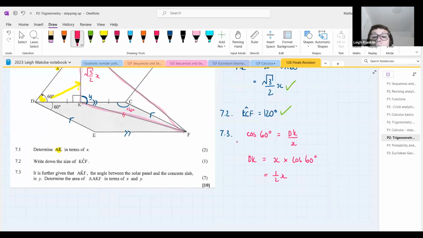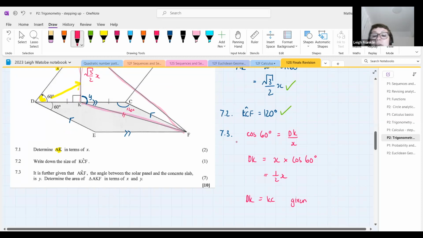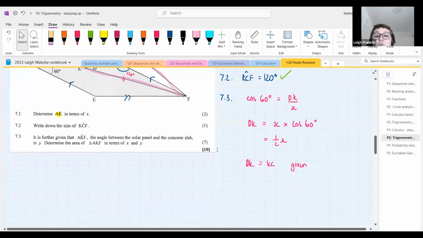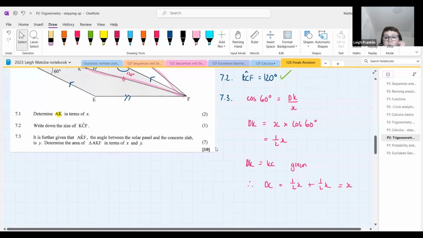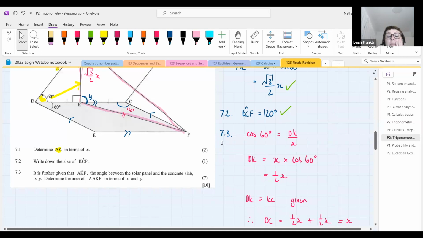Then we know that DK equals KC because this is given to us. So therefore, DC is going to be half X plus half X, which is X. Are we all happy with that?